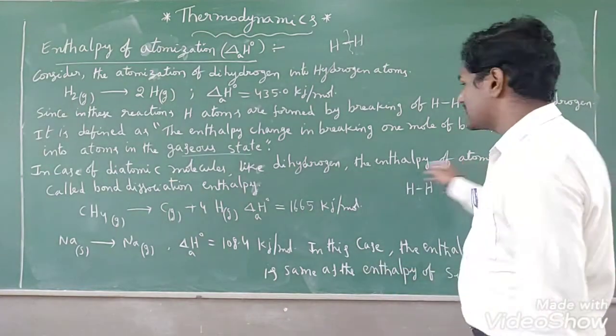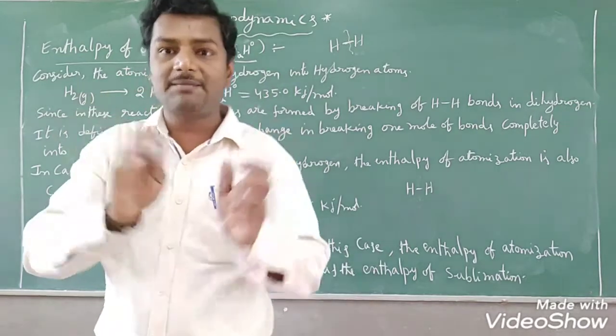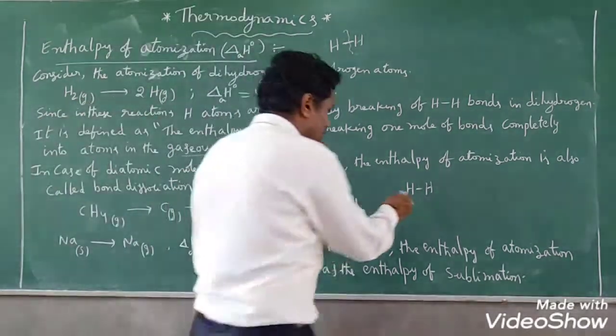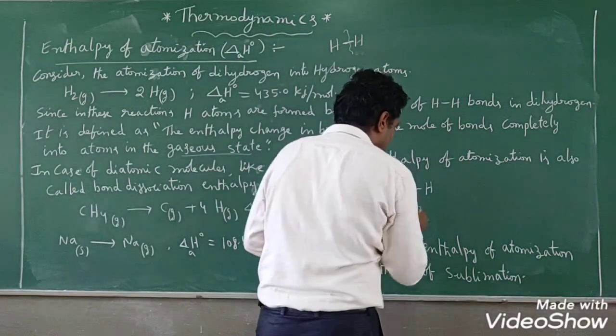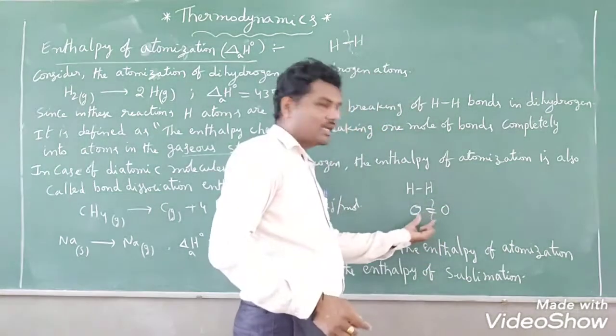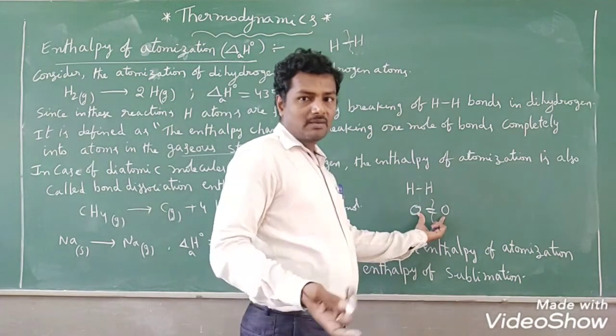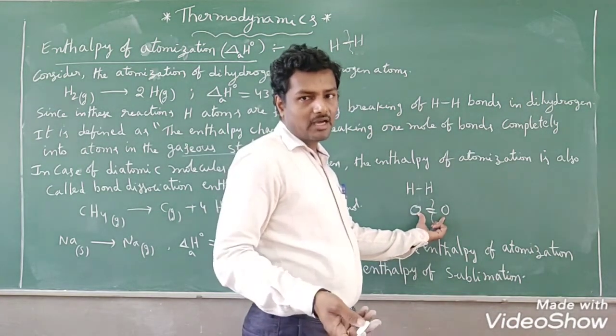The enthalpy of atomization is also called bond dissociation enthalpy in the case of a diatomic molecule. Suppose you take an O2 molecule, O double bond O is present. You have to break both bonds here between the two atoms. Whatever bond is there, we have to break, right?